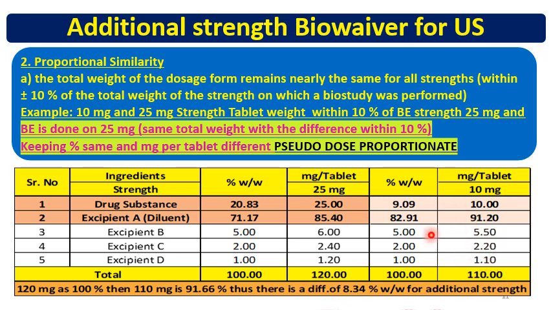Here in this example, the percentage is kept same. Excipient B, C, D are there: 5%, 2 and 1%. So this type of formulation will have the fulfilled requirements of composition for additional bio.